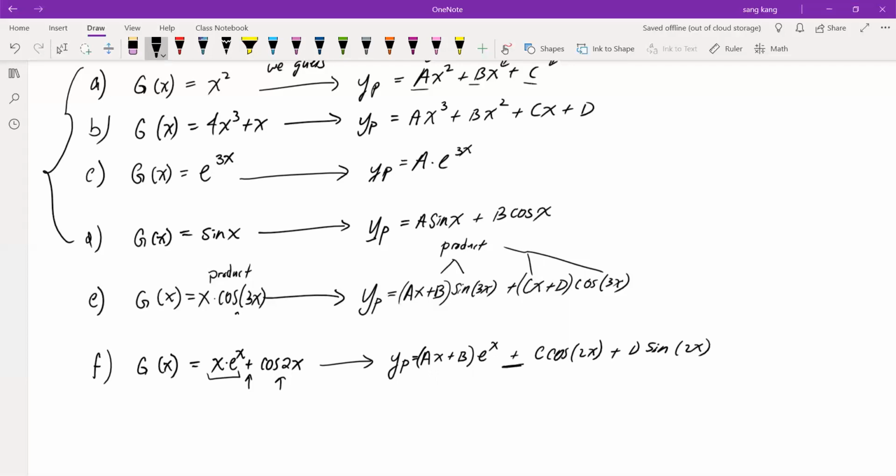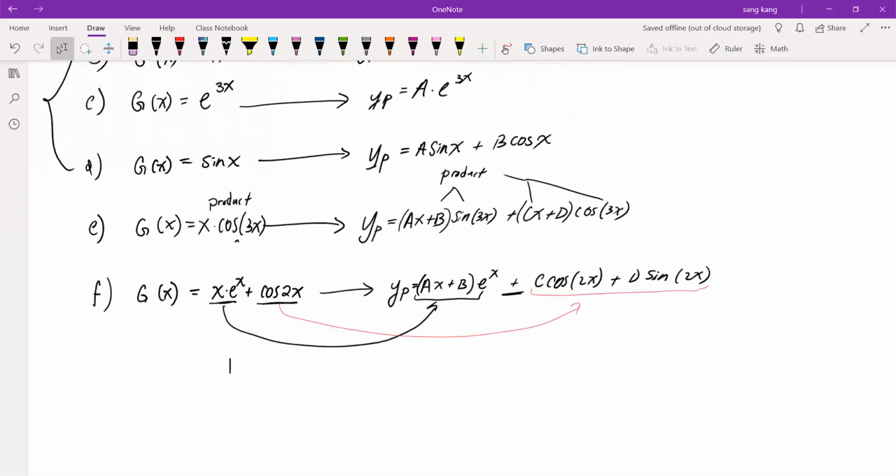So we have one term here and another term here. This corresponds with this one, and this one corresponds with this one here, right? This is coming from what's called the principle of superposition.